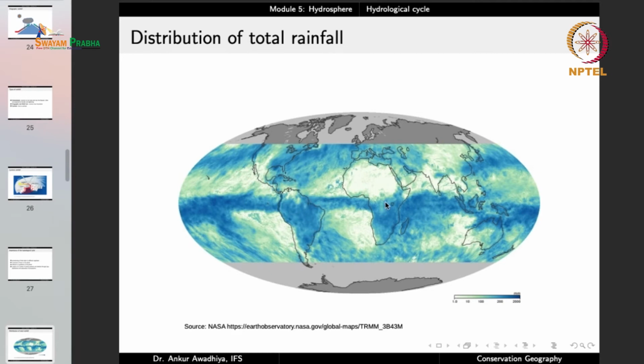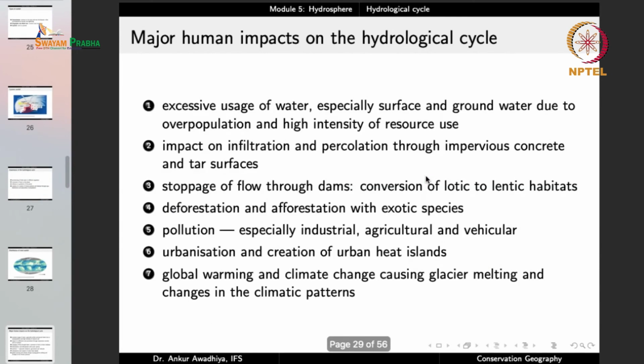So in South America, in Africa, in Southeast Asia, we have a very heavy amount of rainfall. And in those areas where we get less amount of rainfall, we have the deserts. So this is the Sahara Desert. This is the Arabian Desert. This is the Thar Desert. So the distribution of rainfall creates different habitats.